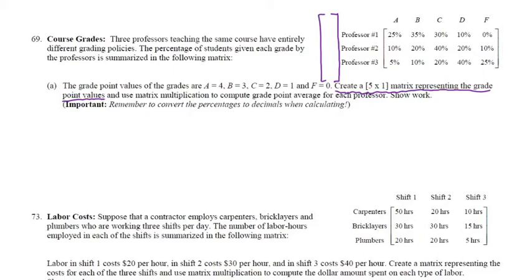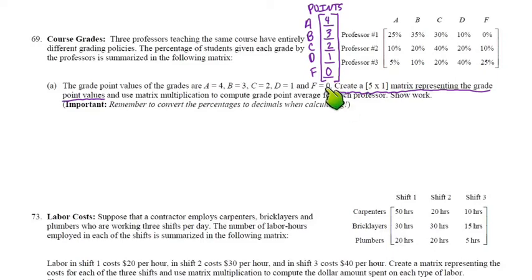So a 5x1 matrix means 5 rows by 1 column. I made this skinny looking matrix here because it's only got 1 column. And we know it's the grade points that go in here. So an A is worth 4, a B is worth 3, C is worth 2, D is worth 1, and F is worth 0 grade points.